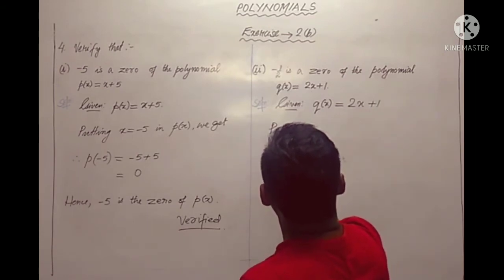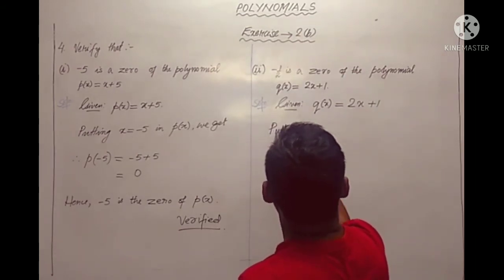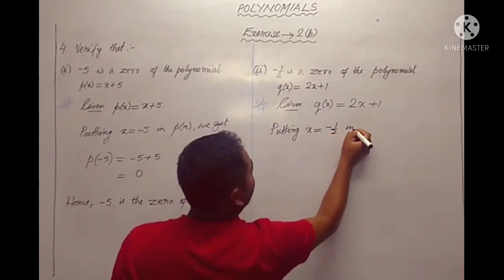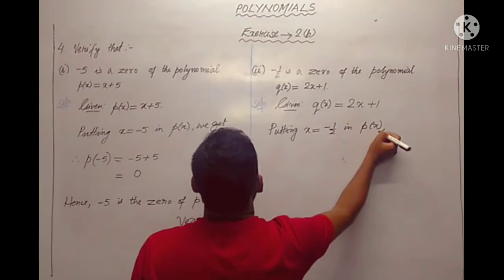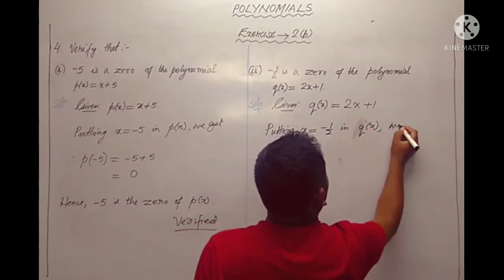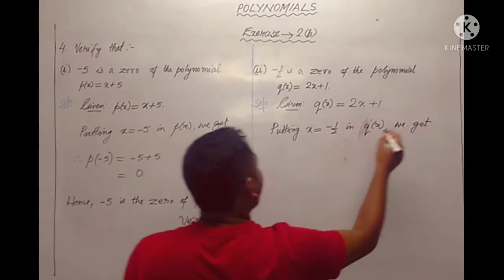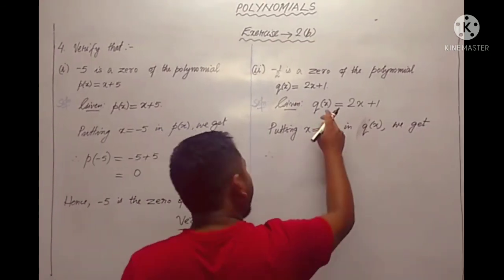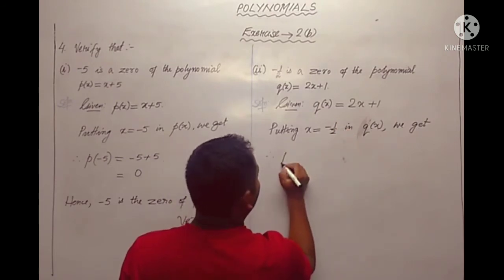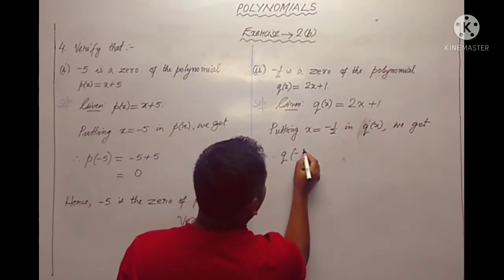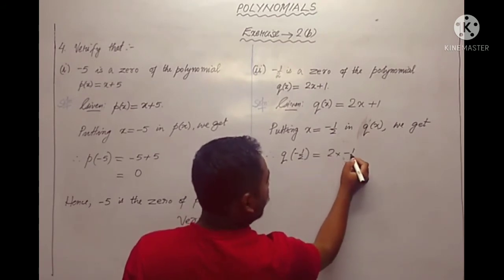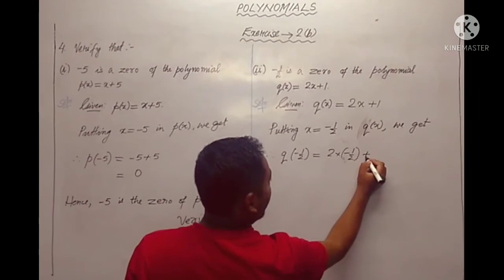Again, putting x equals minus 1 by 2 in q(x), we get, what do we get? Therefore, in place of x, you write down minus 1 by 2. So, q(minus 1 by 2) equals 2 into minus 1 by 2 plus 1.